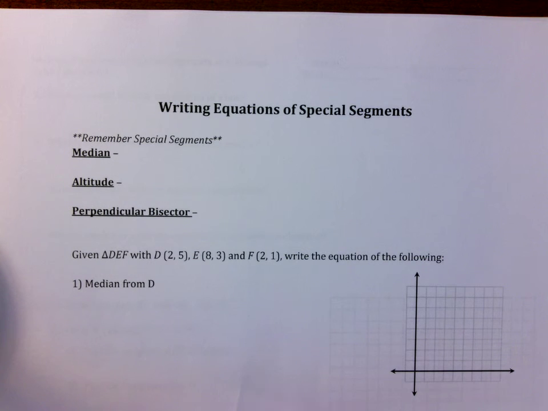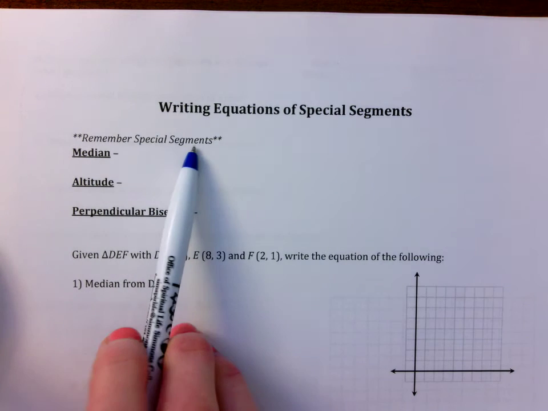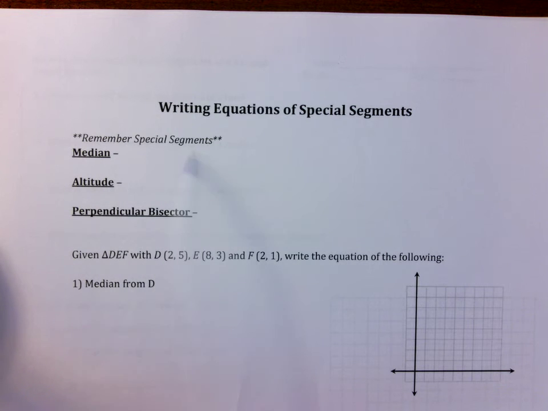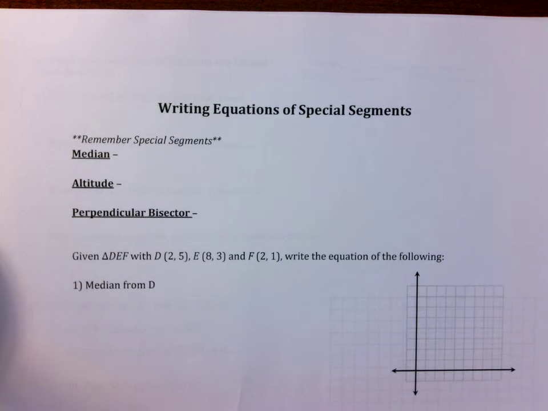So remember the special segments. We went over these when we were talking about the different points of congruency in a triangle, like circumcenter, incenter, centroid, those things.